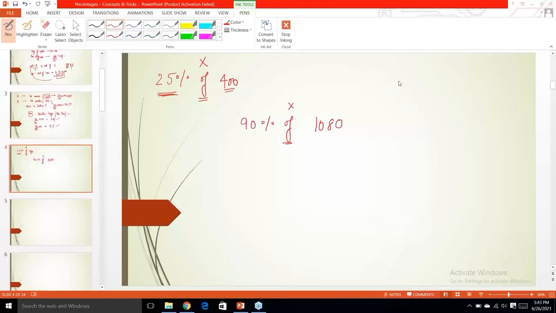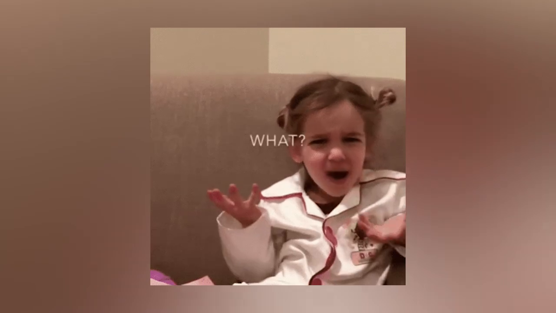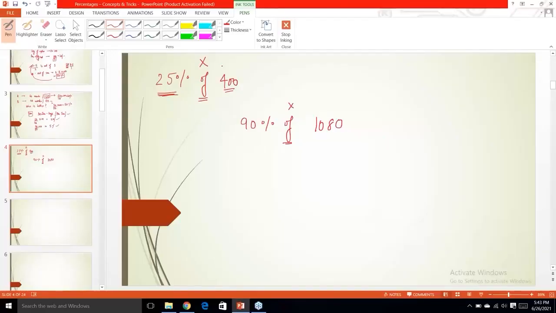If I were to find out 25% of 400, that simply means it's like 25% multiplied by 400. What is 25%? We just discussed that fractions and percentages are interconvertible. So it is nothing but 25 by 100 into 400, which is 100 itself.